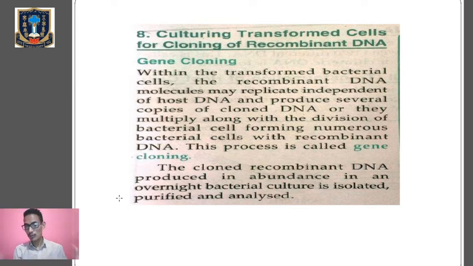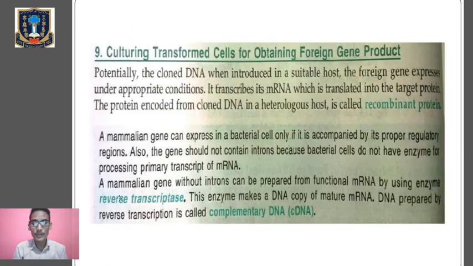Now it has been extracted, purified and analyzed, and it will be used for culturing transformed cells for obtaining the desired gene product. Clear? So the recombinant DNA formed in abundance within the host cells, which has been extracted, analyzed and purified, will now be utilized to obtain the desirable product.